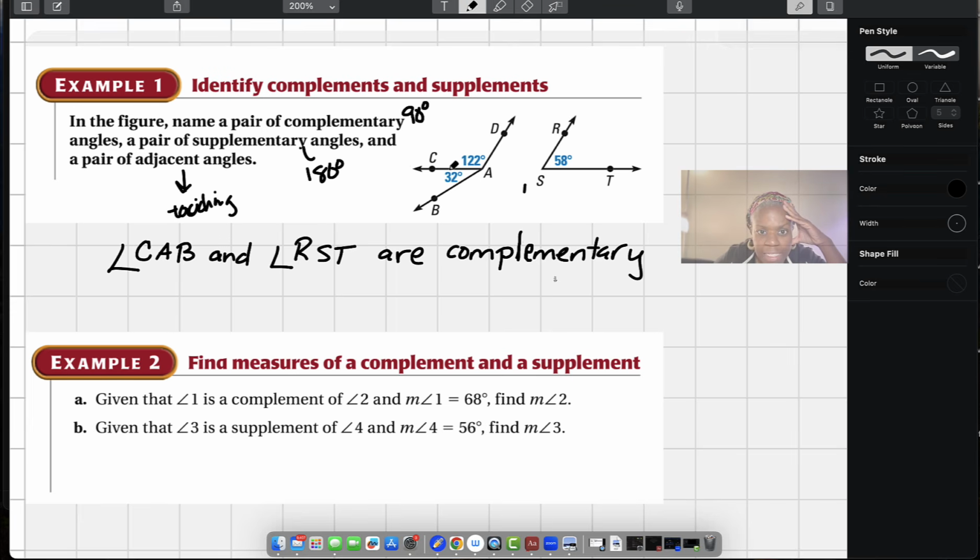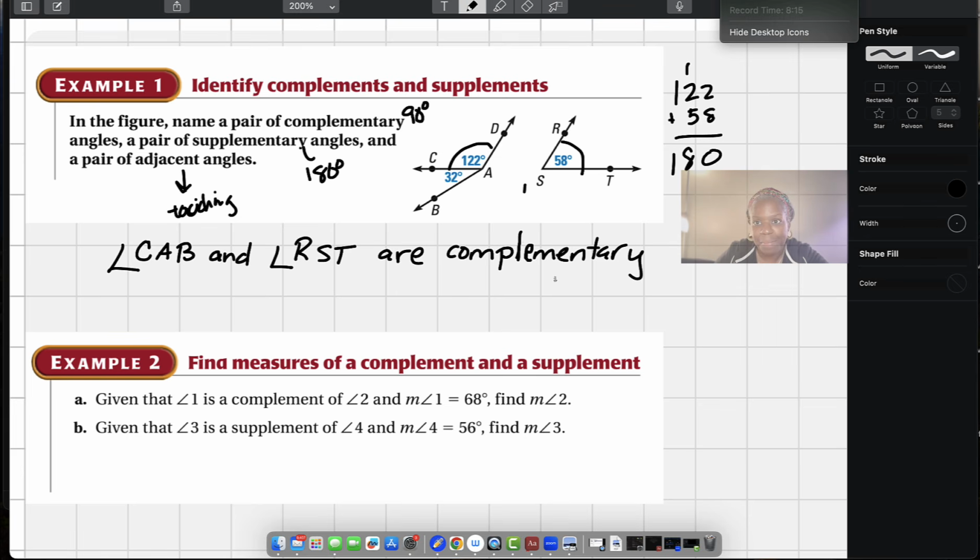Looking again at these angles, 122 plus 32 isn't going to give me 180, but it looks like 122 plus 58 will. So with some quick addition over the side, 8 plus 2, and then I'm going to get 8 here and 1. Yep, 180 degrees it is. Therefore, angle CAD and angle RST are indeed supplementary.